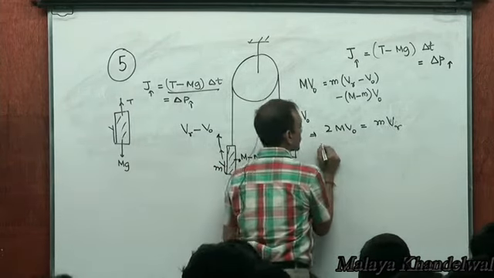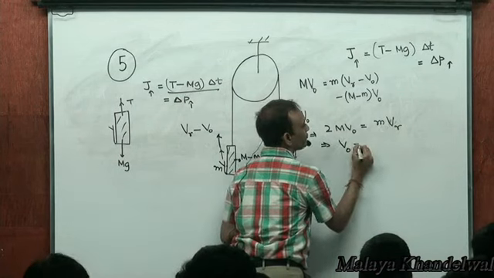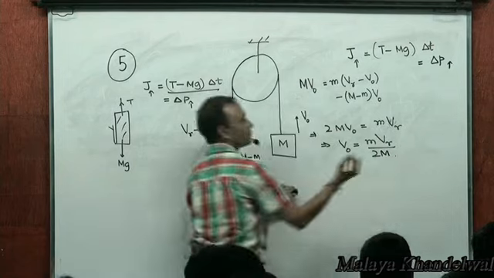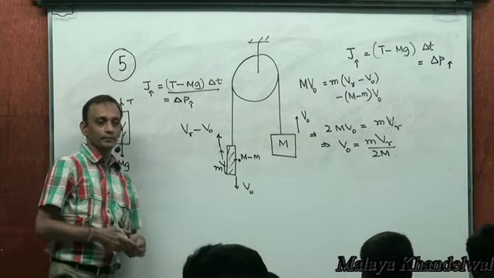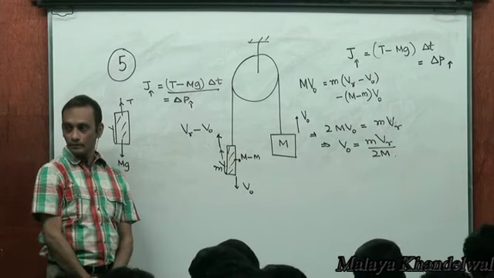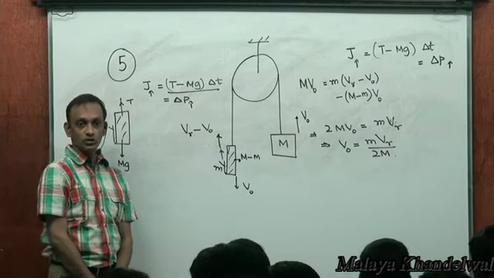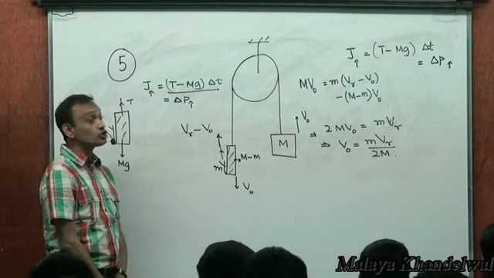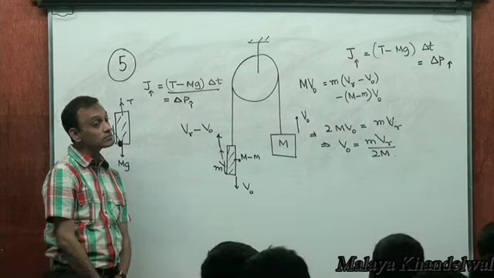So this gives me V naught that we were looking for as m into Vr divided by 2m. Yes or no?